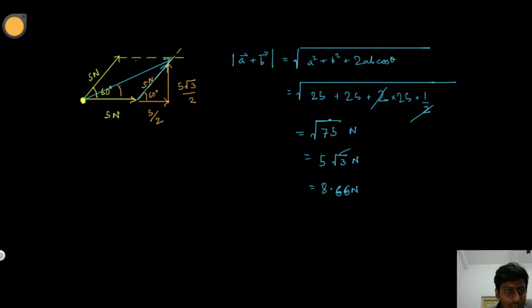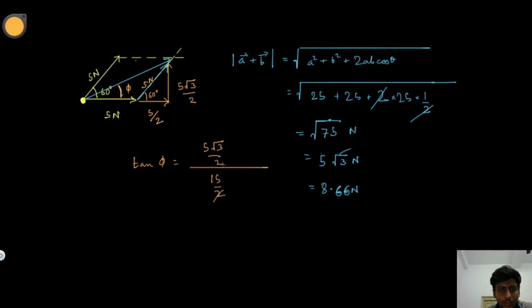Now for this angle phi, we can say tan phi turns out to be 5 root 3 by 2 whole divided by 5 plus 5 by 2. 5 plus 5 by 2 is 15 by 2.